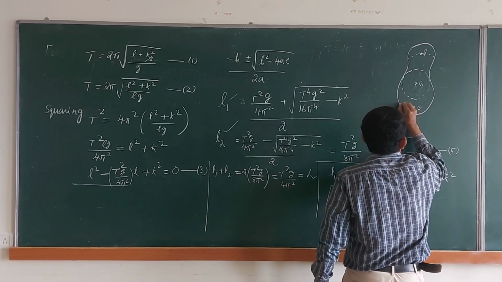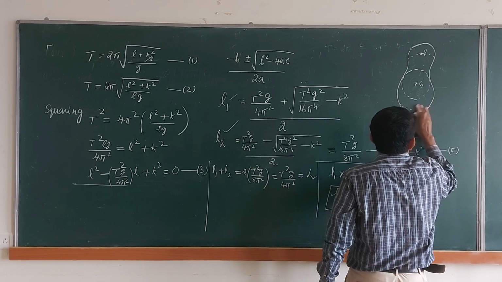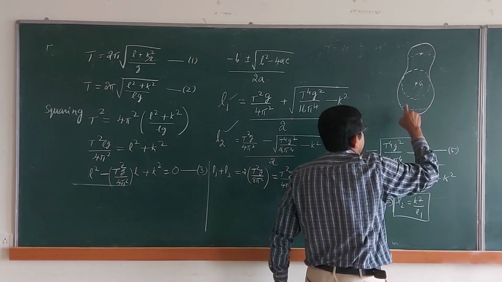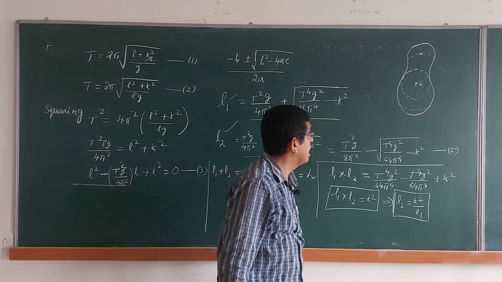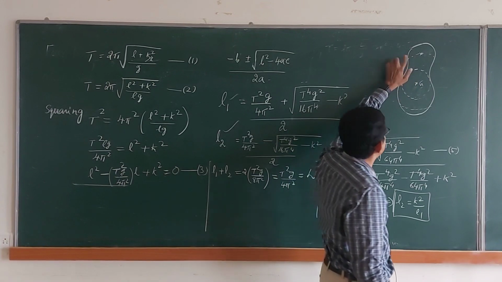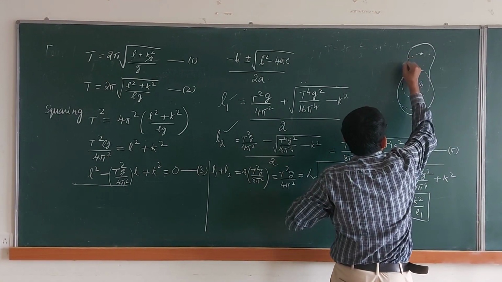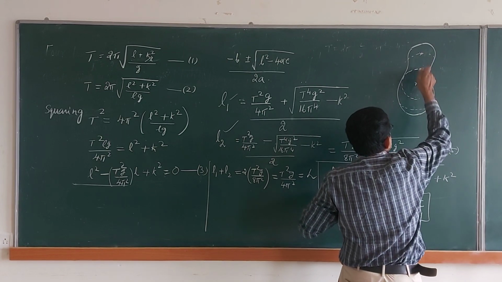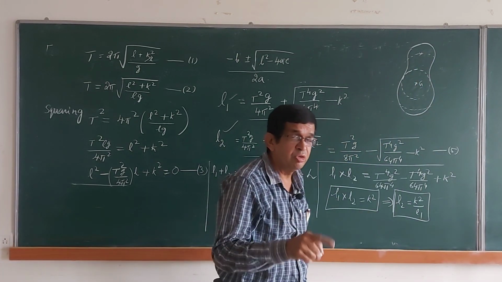Another circle is drawn such that the radius is equal to L1. L1 is the bigger one. Therefore, this is a circle whose radius is equal to L1, and this is another circle whose radius is equal to L2.